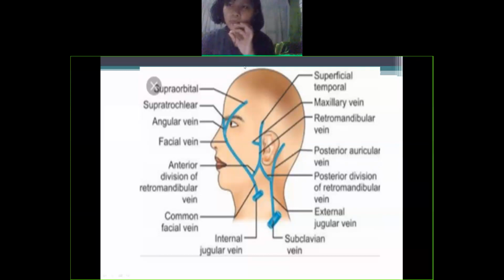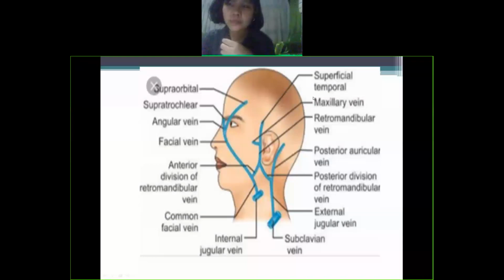Okay, I was saying that the superficial temporal vein forms some vein downside. So what is the name of the vein? Yes, maxillary vein.